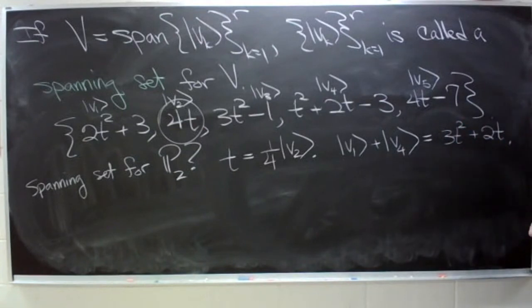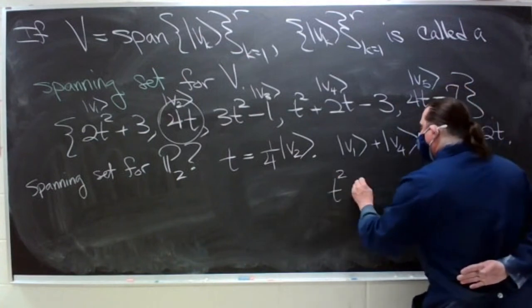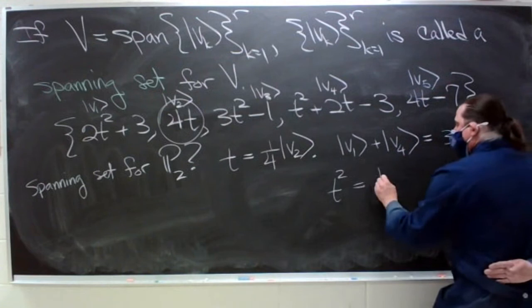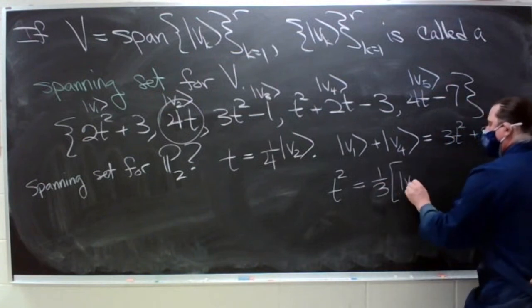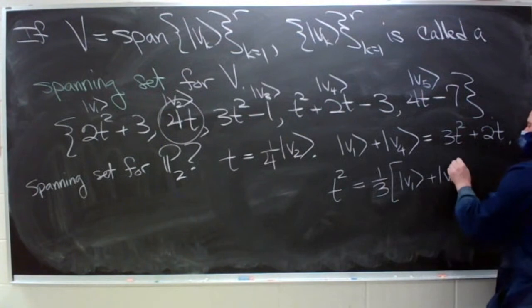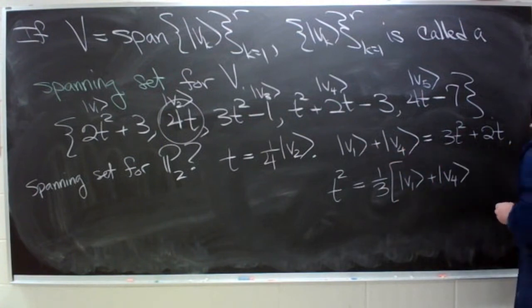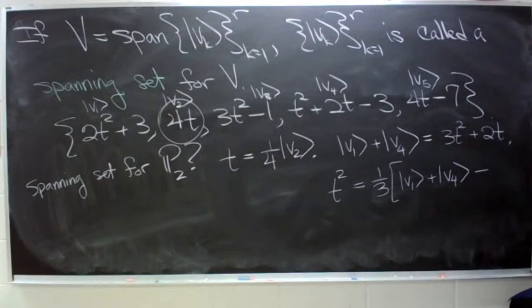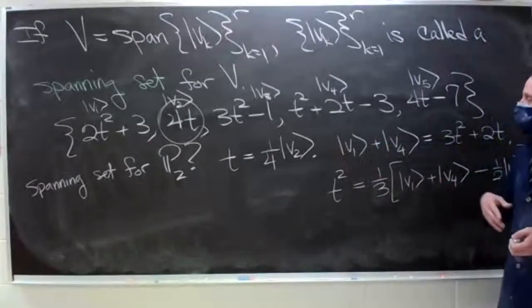And so that will allow me to get t squared. So I could say t squared is equal to 1/3 v1 plus v4, and then minus 2t. Everybody see that? All right? So that gives me t and t squared.